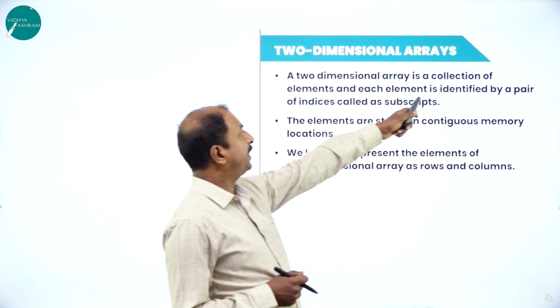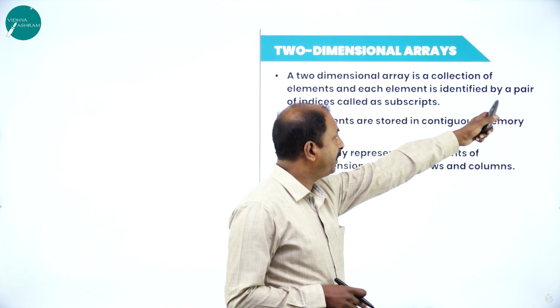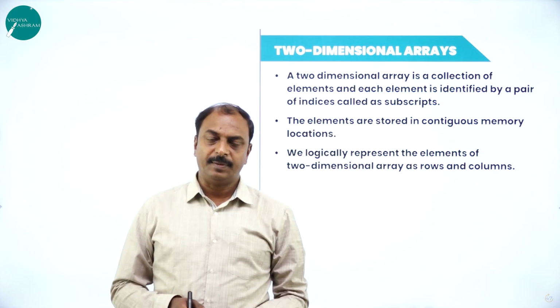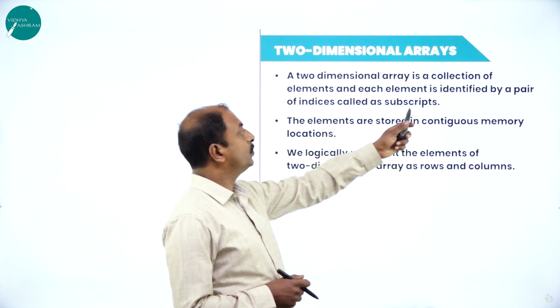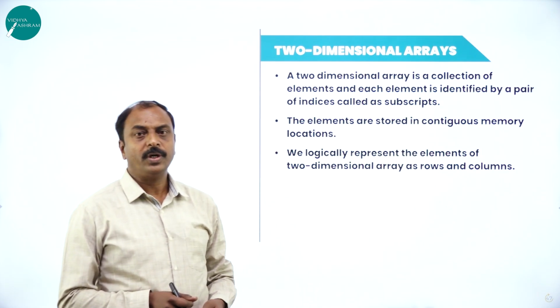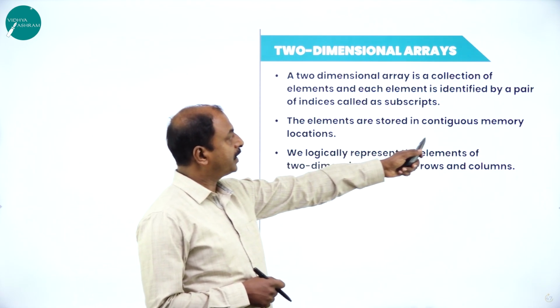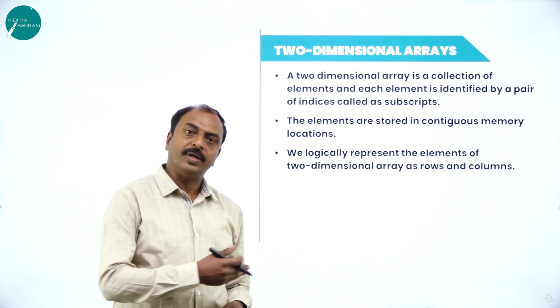The two-dimensional array is a collection of data elements, and each element is identified by a pair of indices called subscripts. In one-dimensional array, we use only one subscript, but here we are using two subscripts, one for row and one for column. And the elements are stored in continuous memory location. Same thing what you have seen in one-dimensional array.